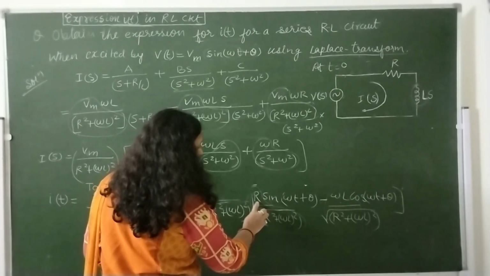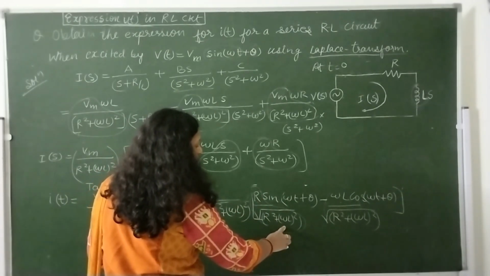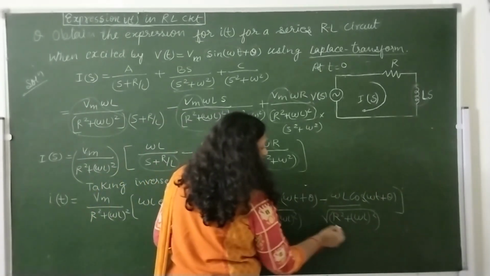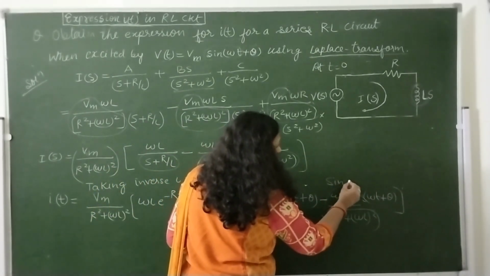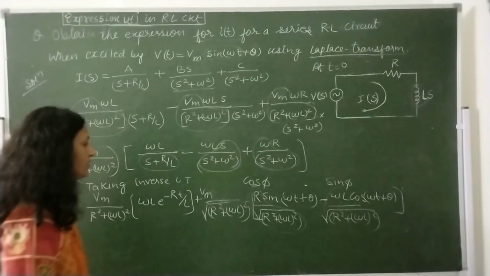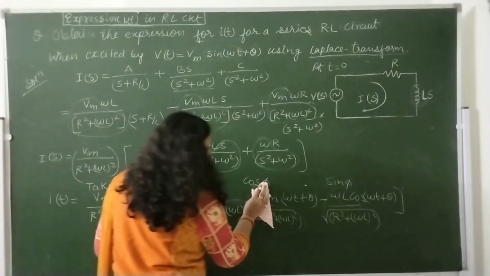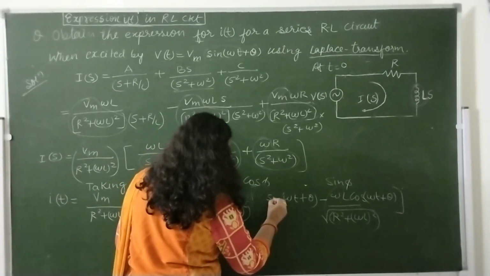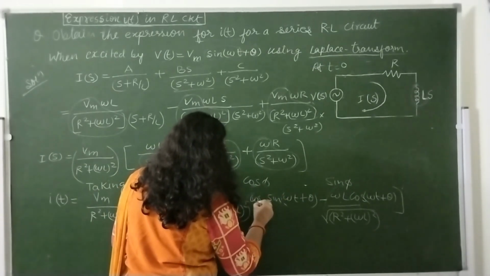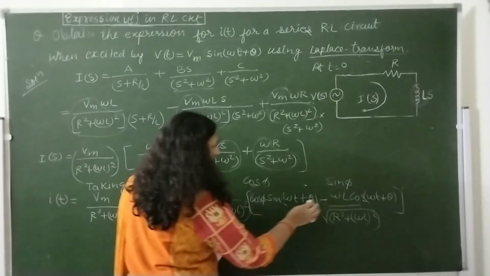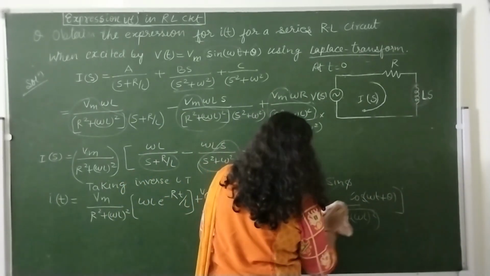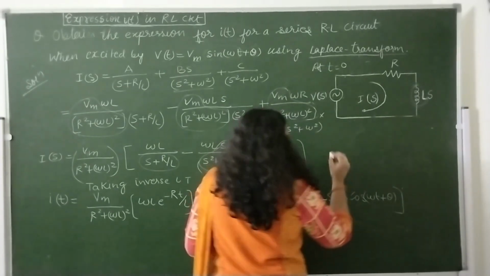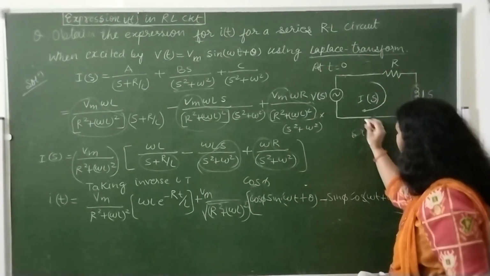So suppose this is R divided by the square root of R square plus omega L whole square, which is cosine phi, and this will become our sine phi. Now replace them with sine phi and cosine phi. Cos phi, and this is sine phi. So what is our sine phi?